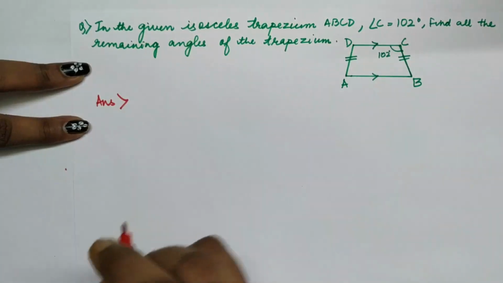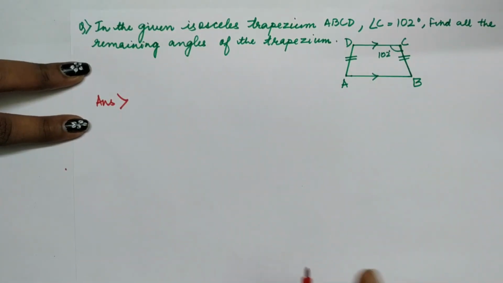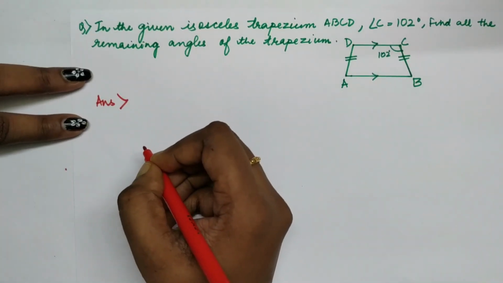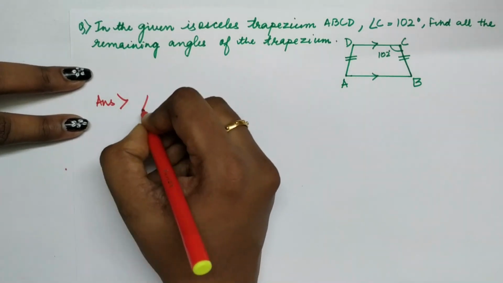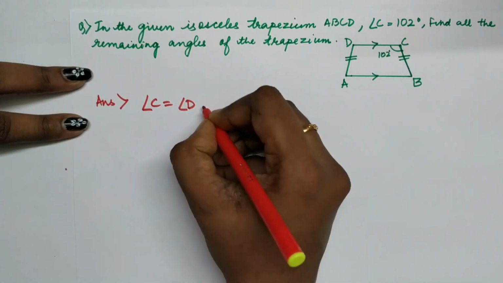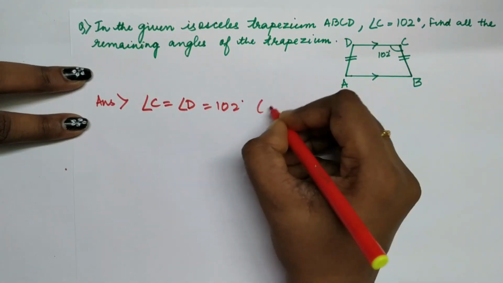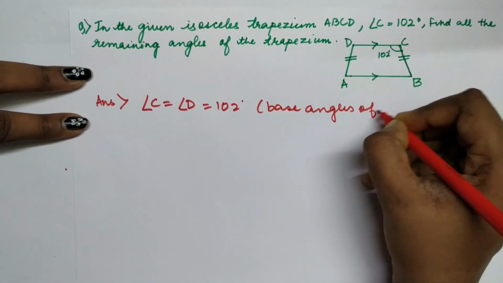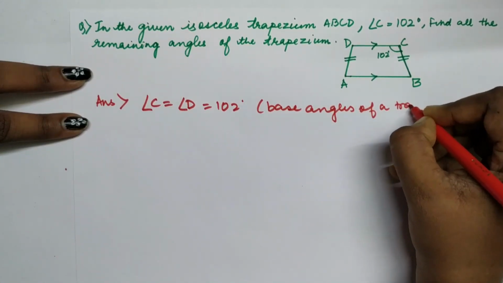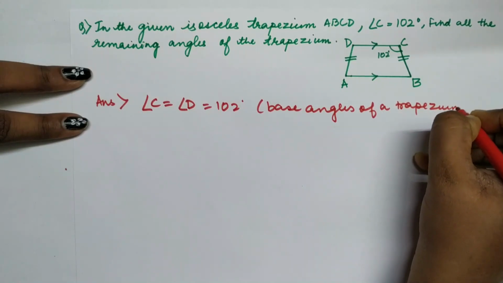So this is an isosceles trapezium, and if you remember the property that the base angles of an isosceles trapezium are the same, I can say that angle C is equal to angle D, that is 102. This is base angles of an isosceles trapezium.